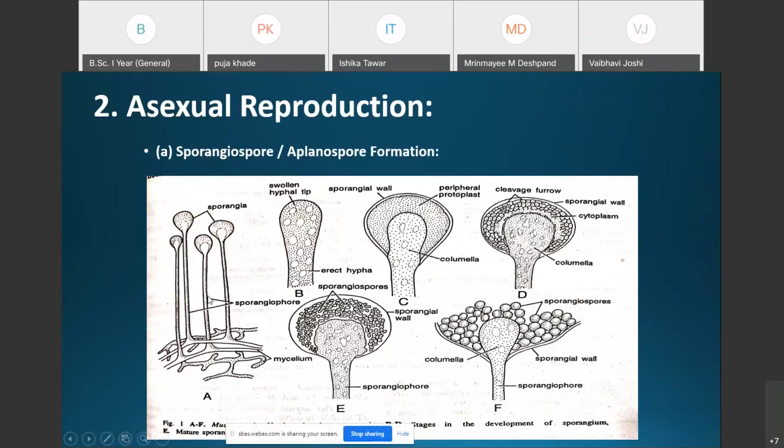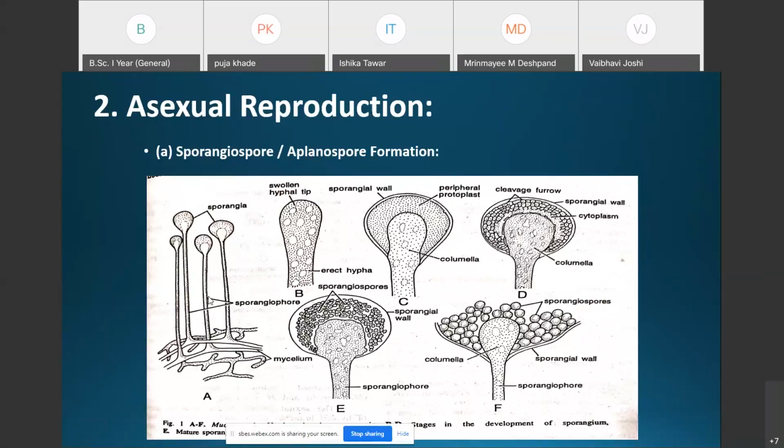Asexual reproduction by sporangiospores or aplanospores is the most common method of multiplication in Mucor.